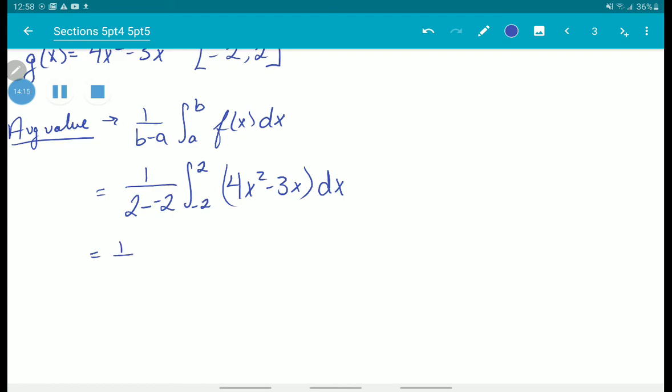So this is going to be 1 over 4. And we're going to have 4x cubed over 3 minus 3x squared over 2. And we want to evaluate that from negative 2 to 2.